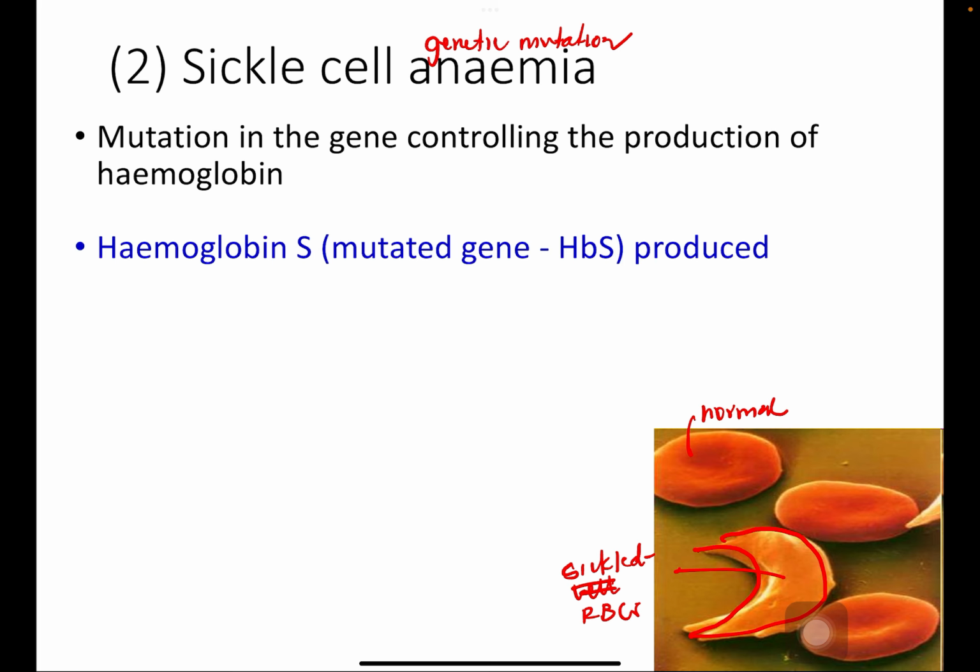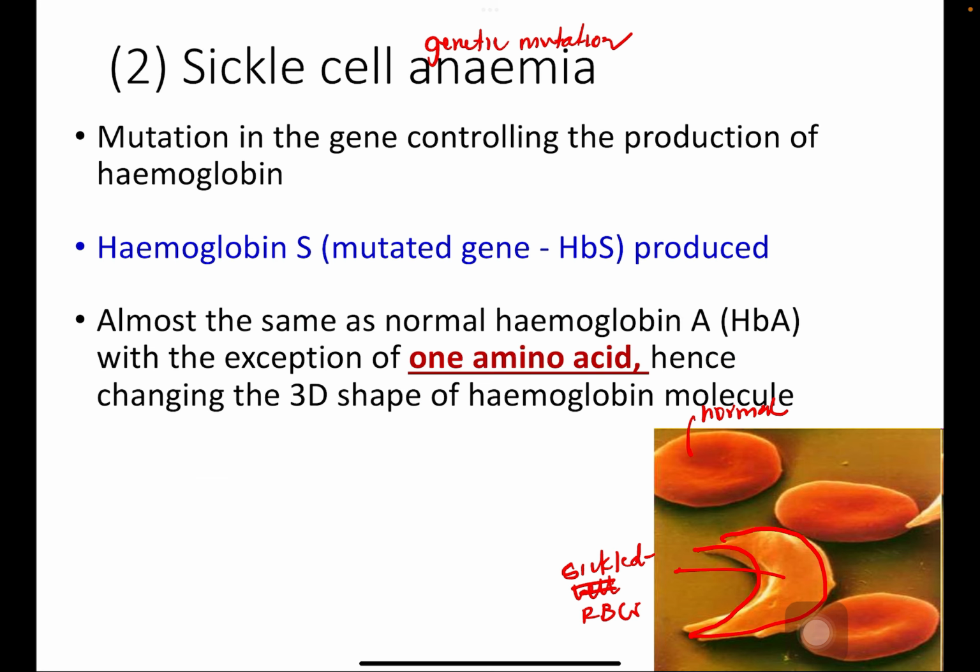When the gene is mutated, a person has hemoglobin S instead. This results in a change in just one amino acid that completely changes the 3D shape of the hemoglobin.